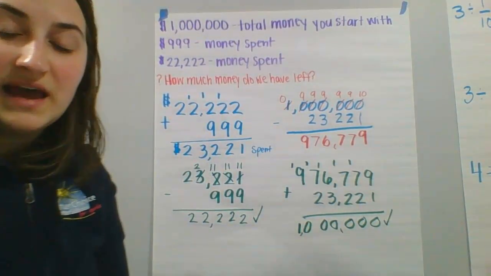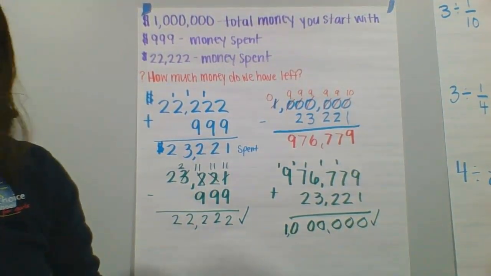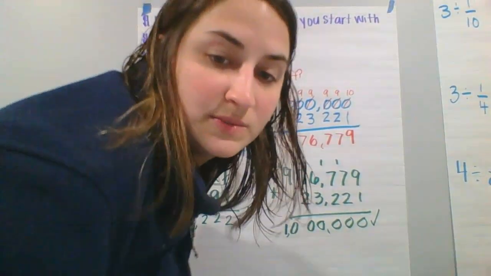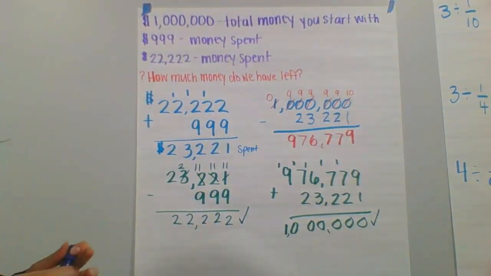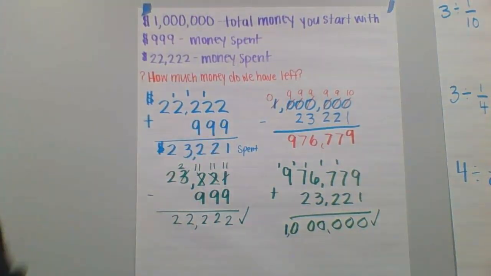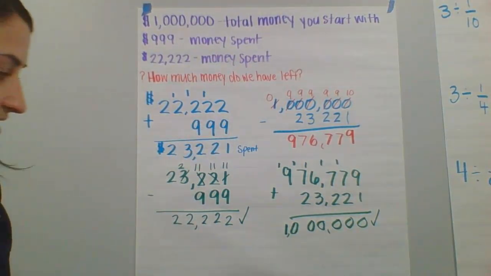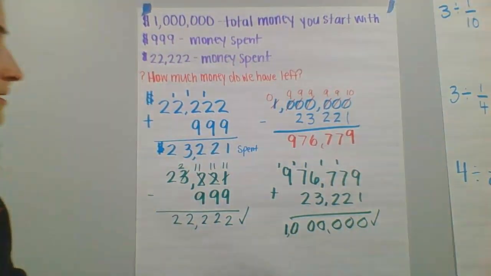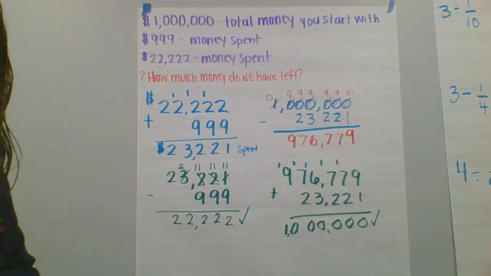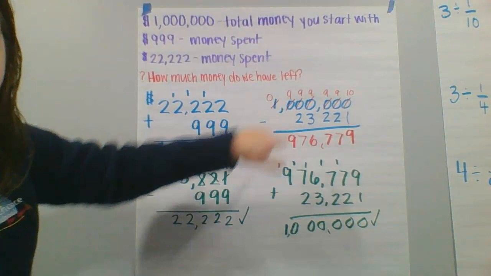All right, so now the last thing that I want to do is create our number sentence using those parentheses in our order of operations. So the first thing that we did was we took the 222 plus 999. But what's also important to remember is we're going to take the answer of this and we're going to subtract it from 1 million.